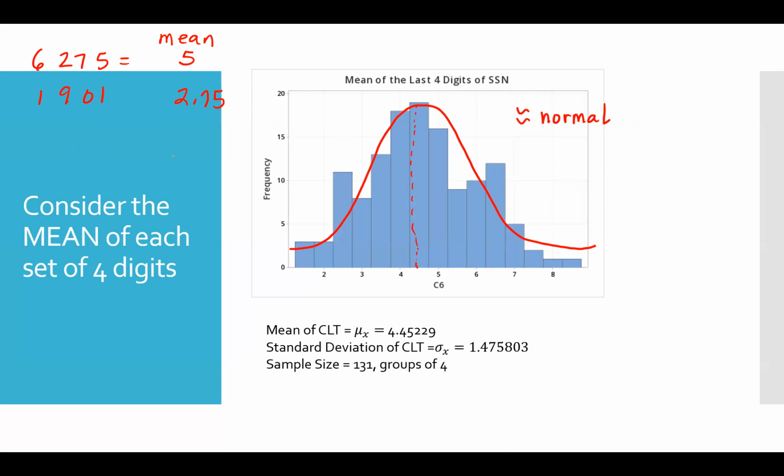And then I take the average, or the mean, of those means, and look what we get. We get 4.45229. The standard deviation of the central limit theorem is 1.475803. Let's look at them side by side.